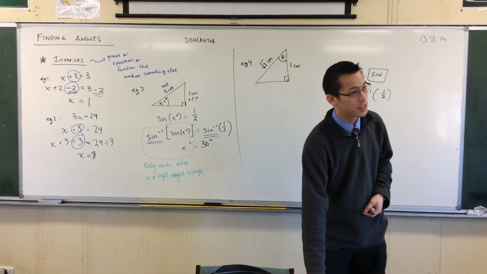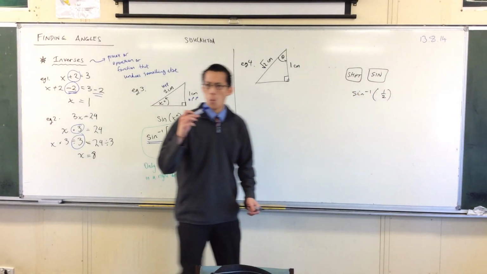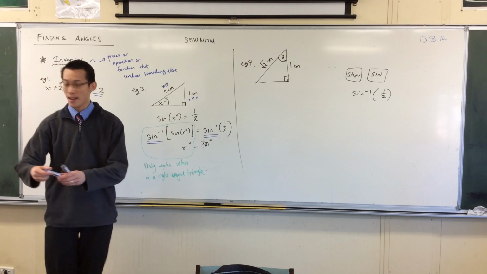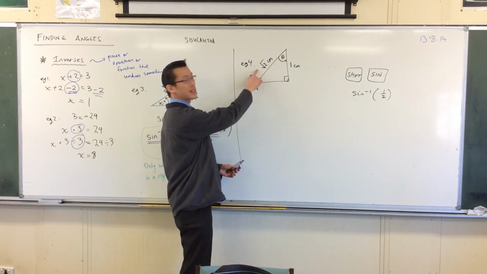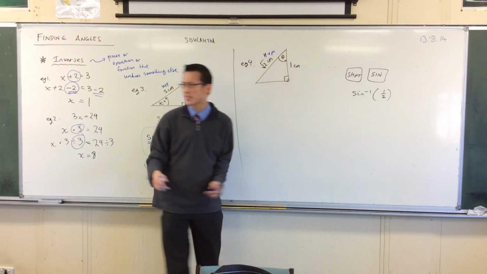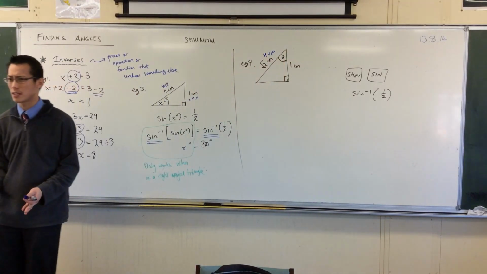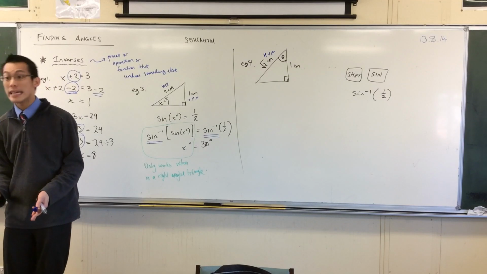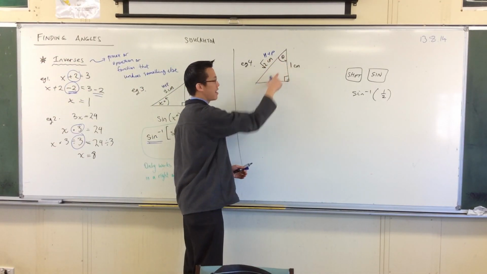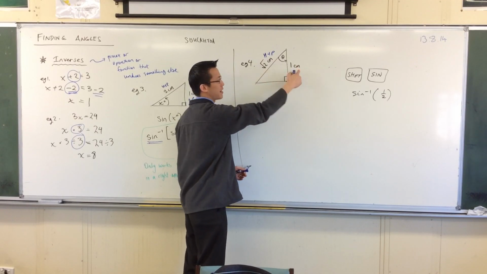Again, the first thing you want to do is identify what sides I have relative to theta. This side's the hypotenuse. And the 1 centimeter that is measured there on the side, is it the opposite or adjacent? It's adjacent because it's right next to theta. This one over here is opposite, so the one next to it is adjacent.